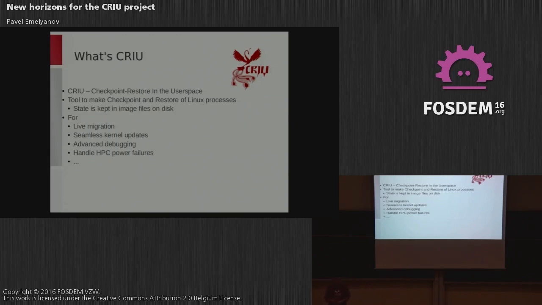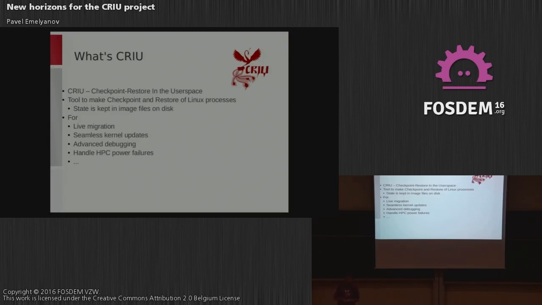And CRIU takes a snapshot of this state and writes it into a set of files on disk. The state is information that should be enough to restore the same set of processes later, or maybe on another node, provided the kernel support is there.